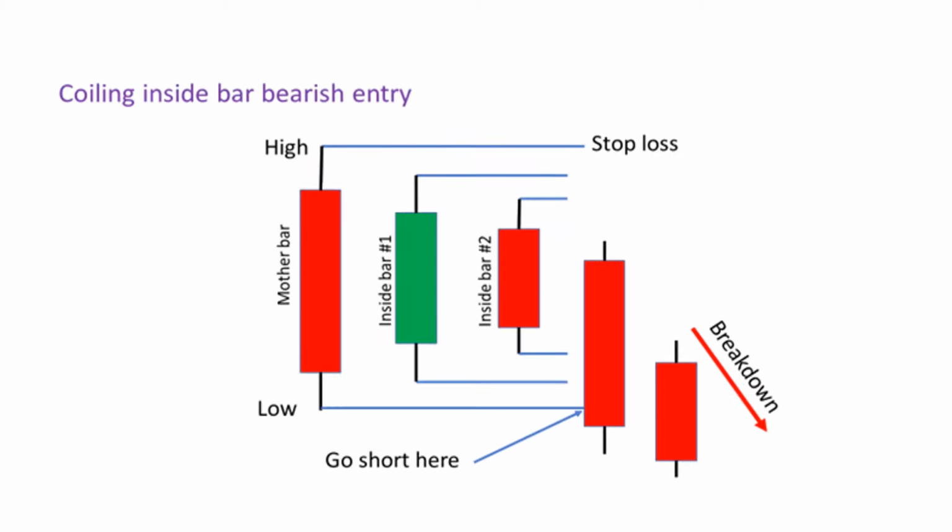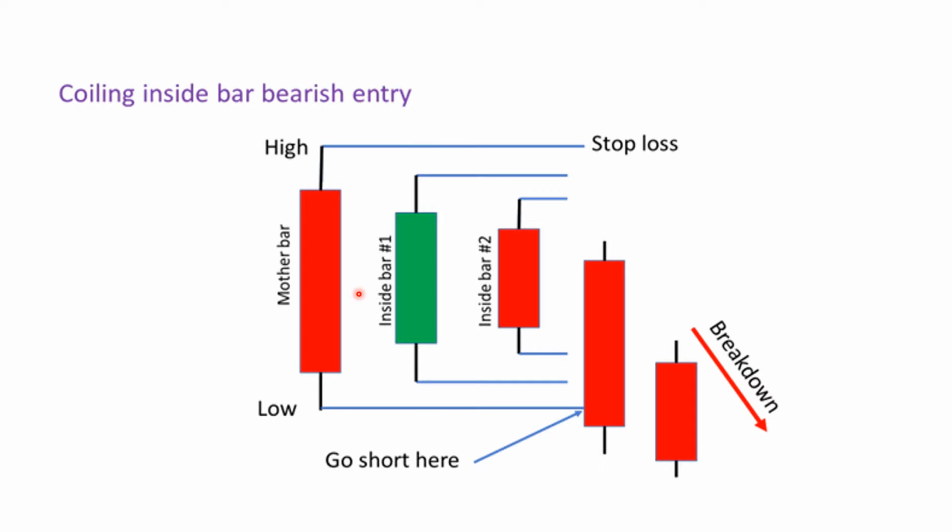Now, if the next candle after the two inside bars passes the low, or goes down lower than the low of the mother bar, then we can enter the trade here, or go short here, and put our stop loss 1 or 2 ATR above the high of this mother bar.